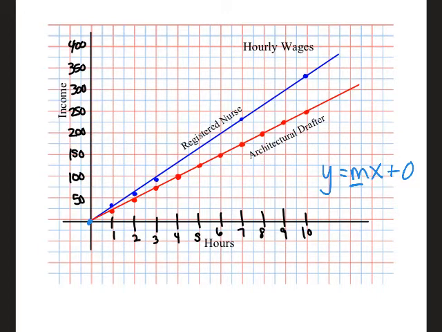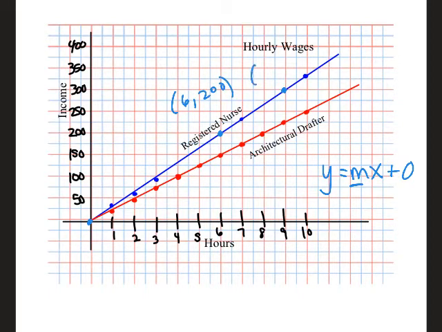So the slope, I just need to take 2 points. So let's see here. I see this point here. That's pretty good. And I also see this point. Let's see. This point here. There we go. I'm going to use those two. They're nice little intersections. So this one is 6, 200.